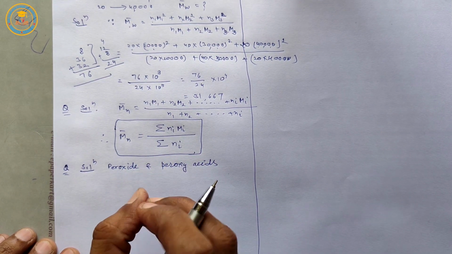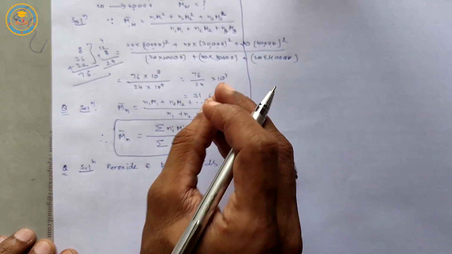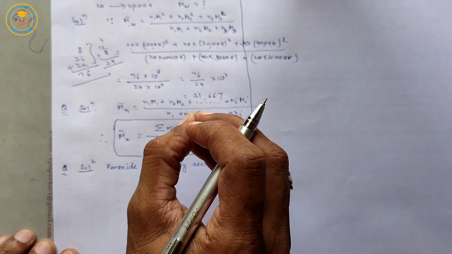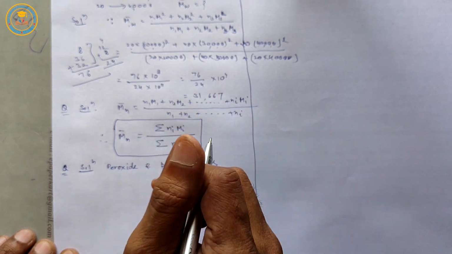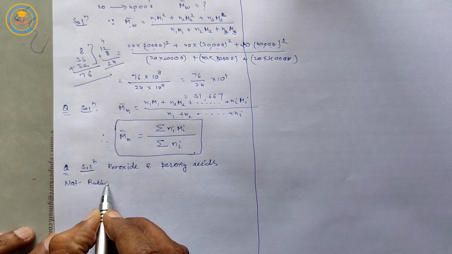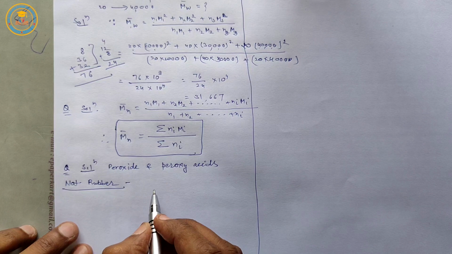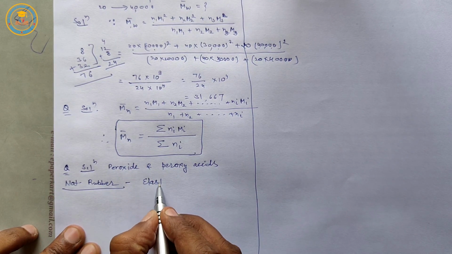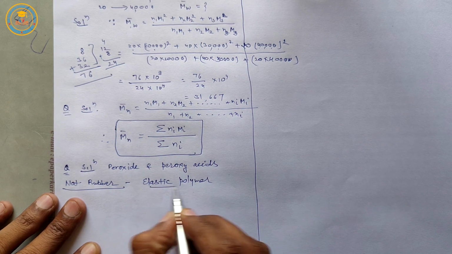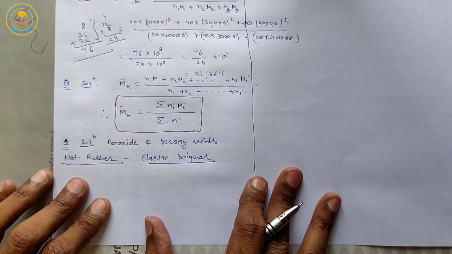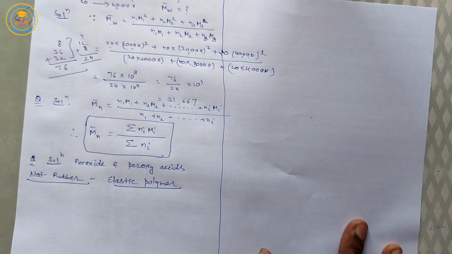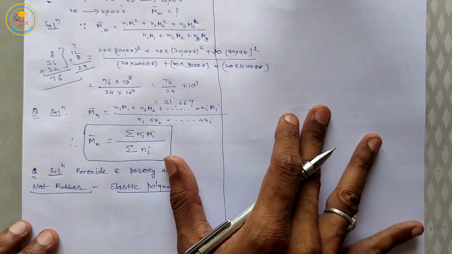In the previous class, we have discussed natural rubber. Natural rubber is also called elastic polymer because it has elastic properties.